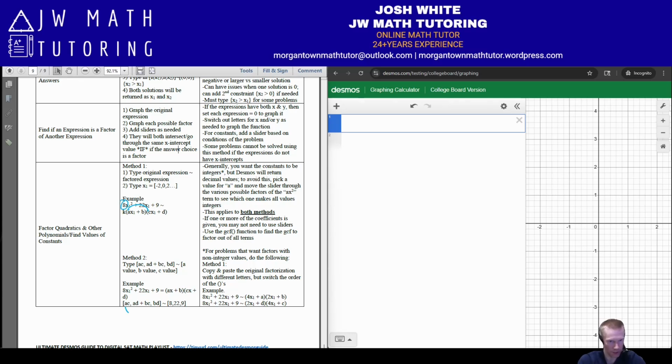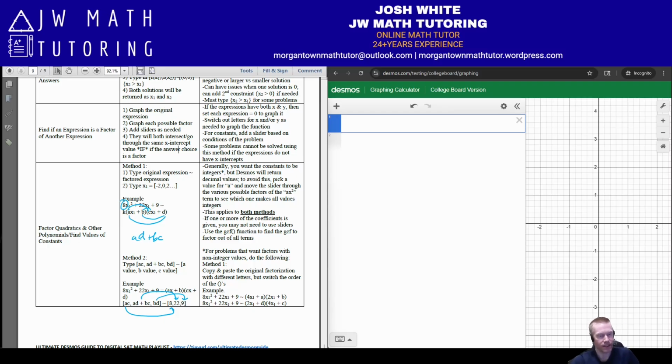For example, like down here, a times c has to equal 8. And then the last two terms, b times d, they have to equal the last number, the 9. And then the inner and outer terms, which are going to be like ad for the outer and bc for the inner, those added together have to equal the 22. That's essentially like how this works. You know what I mean? If you FOIL it out.